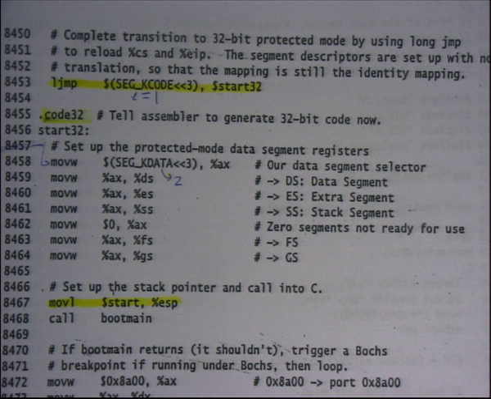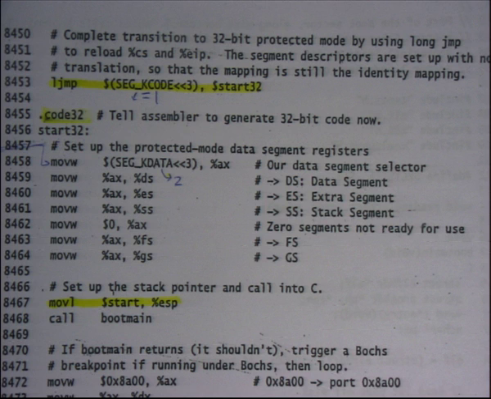We have seen this before: segment ID and offset. Recall what ljump does: it loads CS with this value. The value of seg k code is 1, so it loads segment descriptor number 1 into CS.